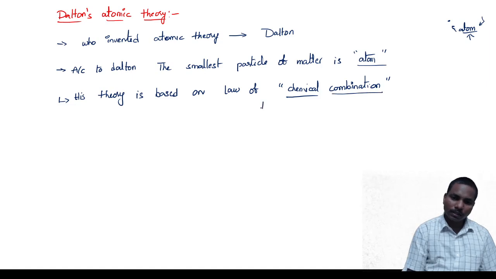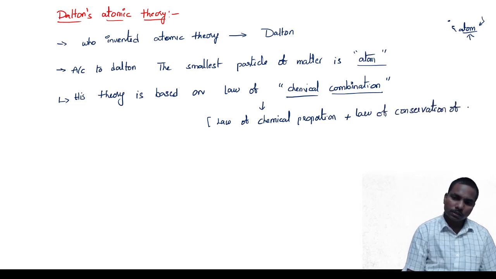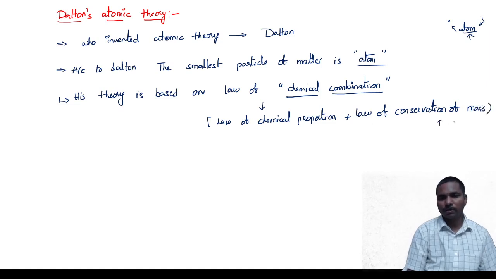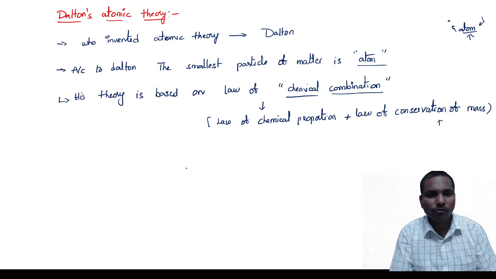It is nothing but a mixture of two laws: the law of chemical proportion, which we just discussed, plus the law of conservation of mass. You know very well the law of conservation of mass: mass can neither be created nor destroyed, it transfers from one form to another.